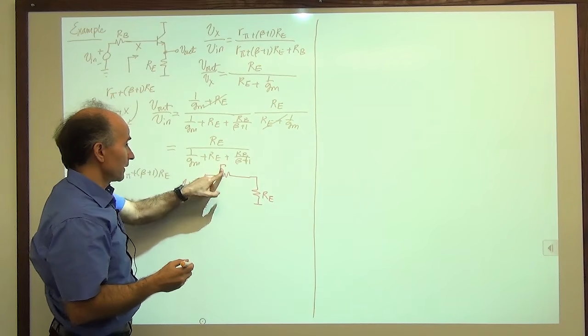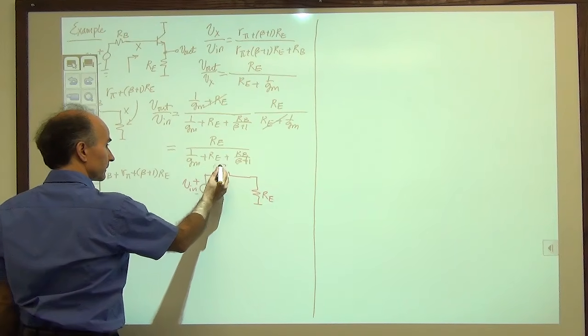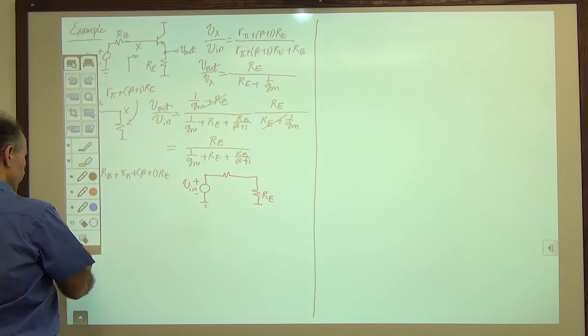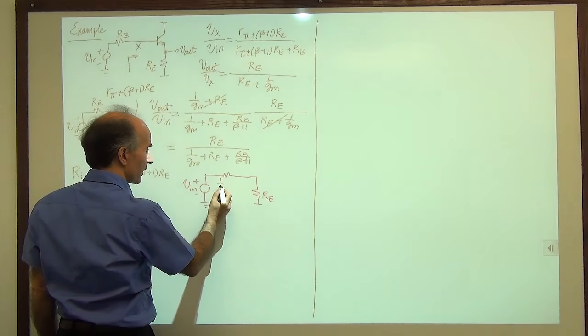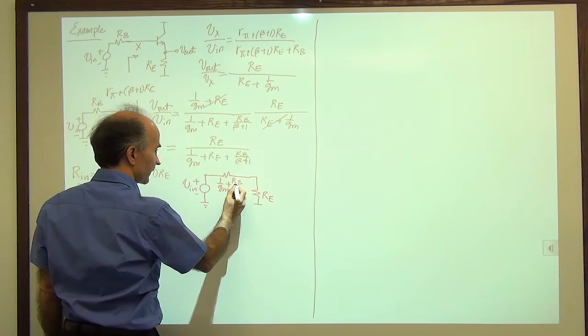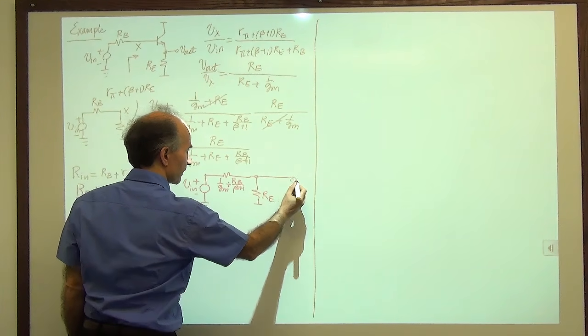And then the rest would be this resistance. So let me clean this up. So the rest would be 1 over Gm plus Rb over beta plus 1. And this is V out.